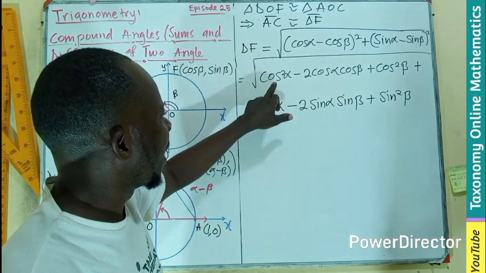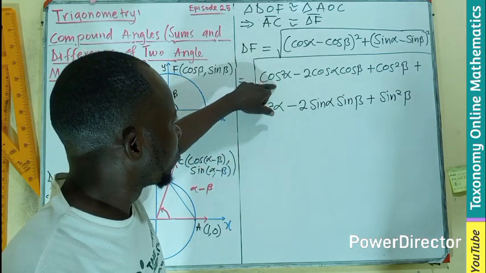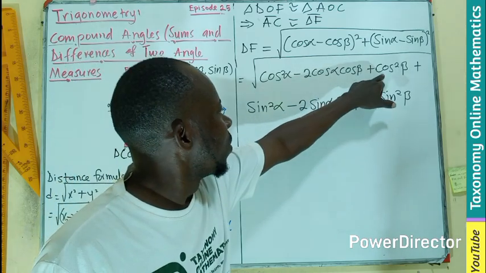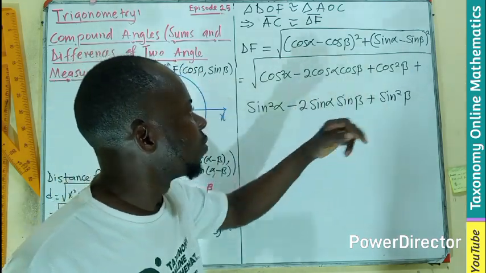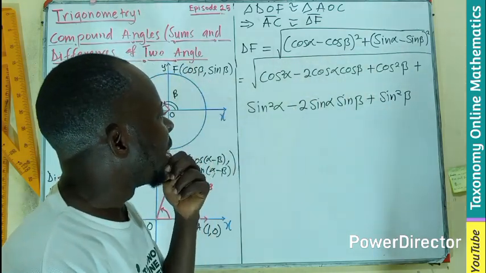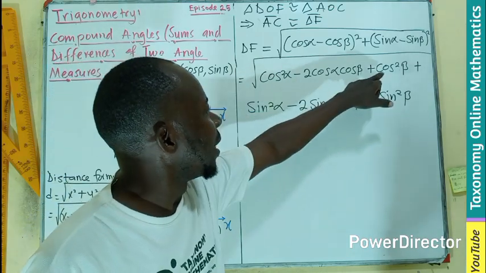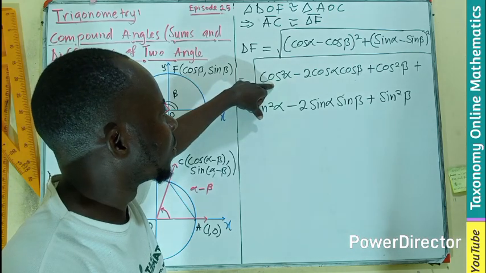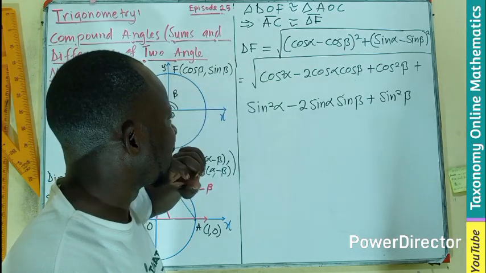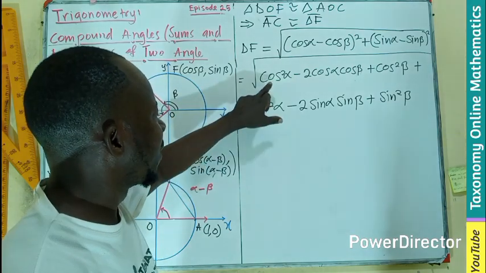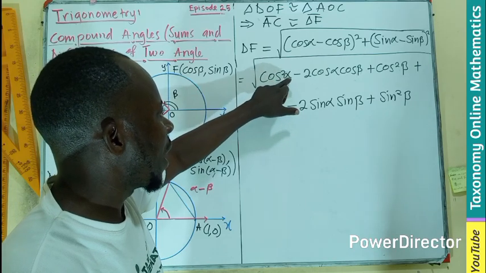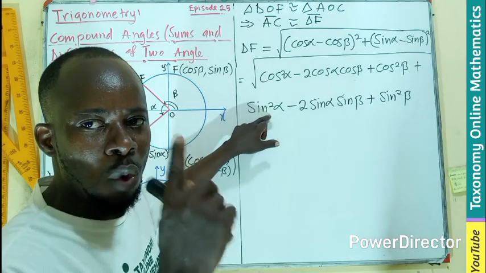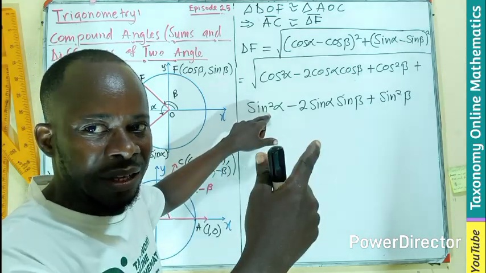All right. Now what do we do? We can see in here cos square, cos square, sine square, cos square, sine square. So let's see, if we group like terms, cos square alpha and sine square alpha will become 1 from the identity.